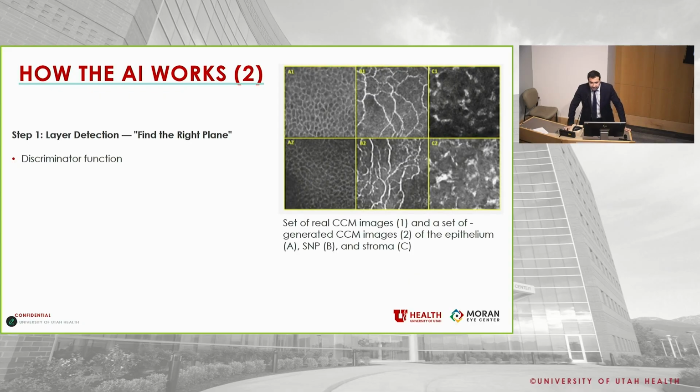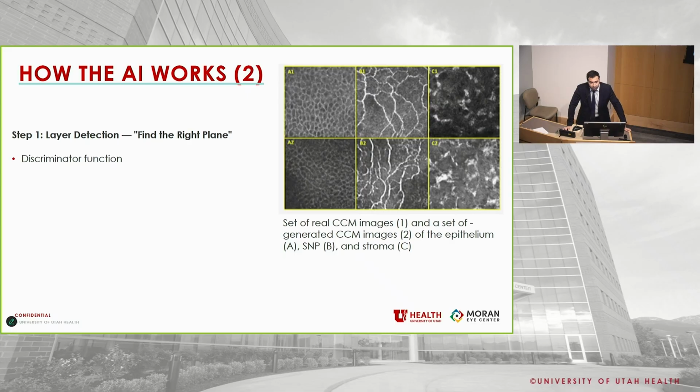And then part of this was to fine-tune and optimize the segmentation of this area. And this was interesting because we used another network that is called a generator-discriminator function. The purpose of it is that the neural network is able to generate fake or artificial images that resemble the images that were taken.